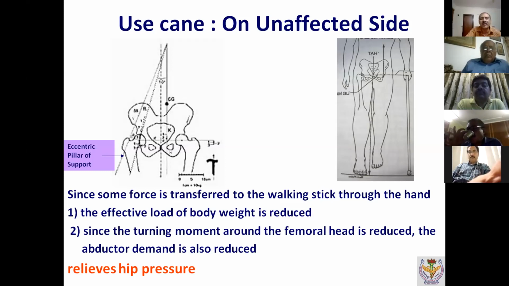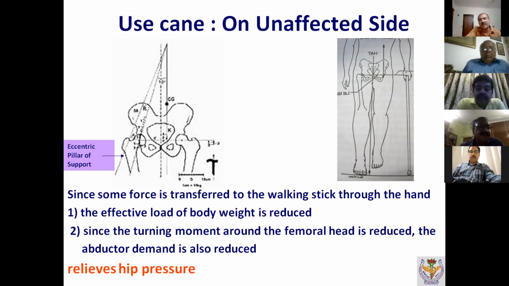So the center of gravity is now between a larger base. That is a very basic thing which no book describes. Now the second thing is when you are using a cane and you're pushing your hand over it, the force which is transmitted through this cane reduces the effective load of the body weight because of the turning moment around the femoral head. Without this cane, as I said, this is 66%, and then this is the weight of the limb.